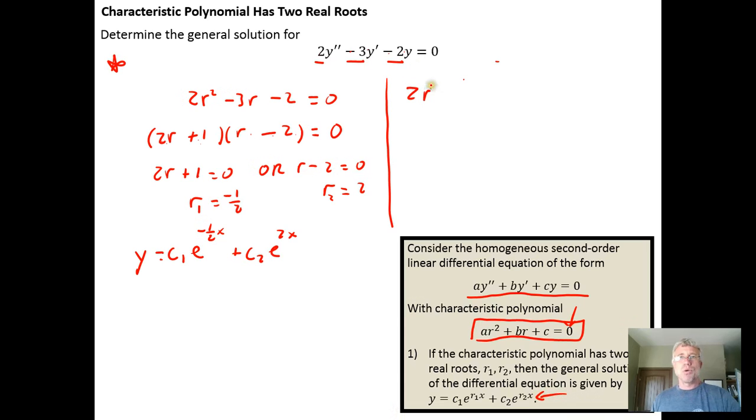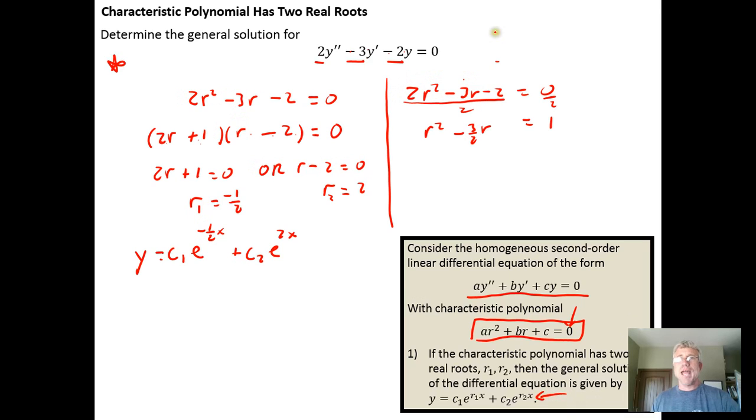So if we had 2r squared, for example, minus 3r minus 2 equals 0, and then we add 2 to both sides and then divide through by a 2, so we'd wind up with a 1 over here, and r squared minus 3/2 r.